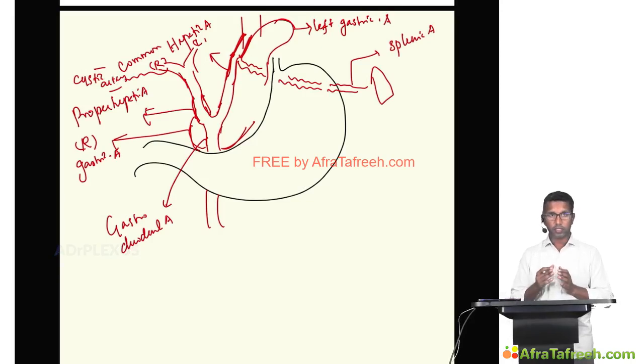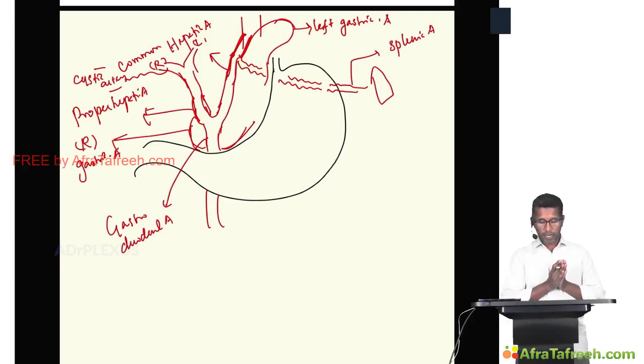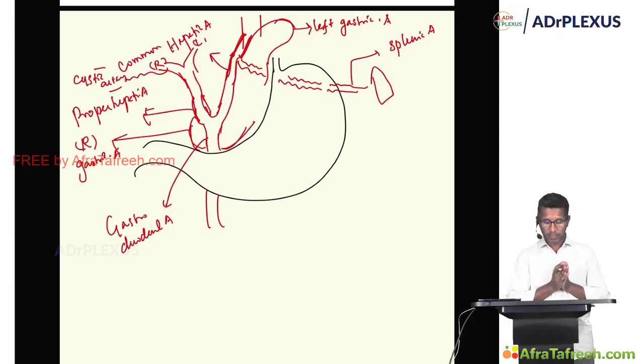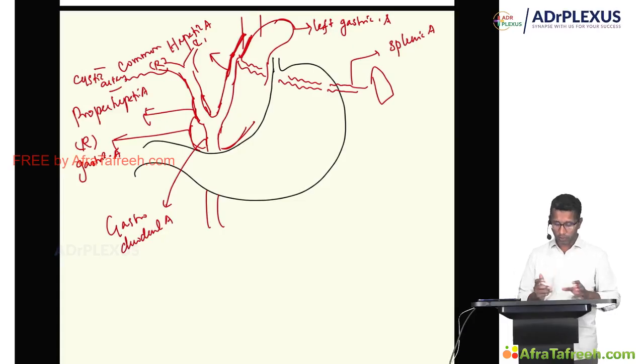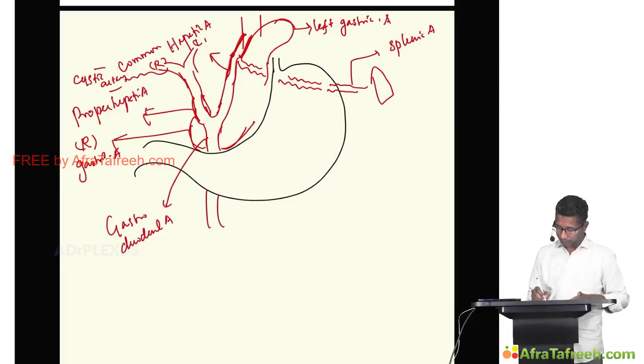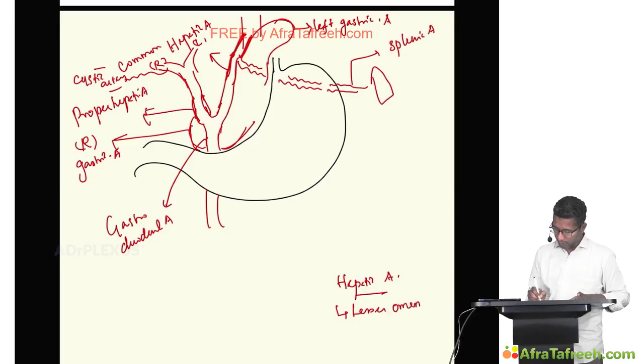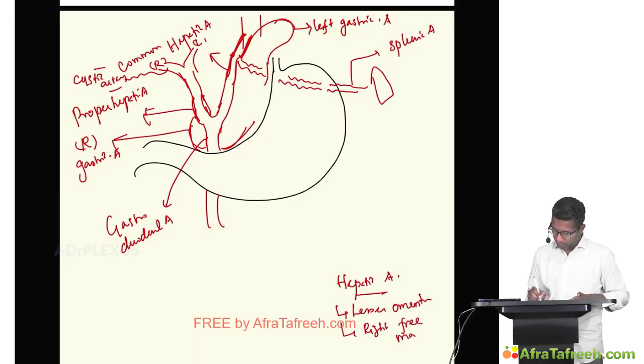So this is the course of the hepatic artery, and the hepatic artery runs in the lesser omentum. It runs in the right free margin of the lesser omentum.